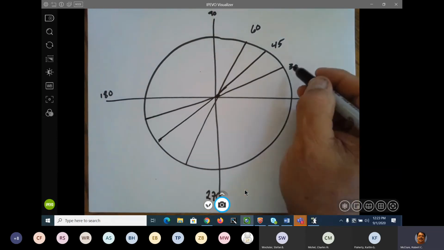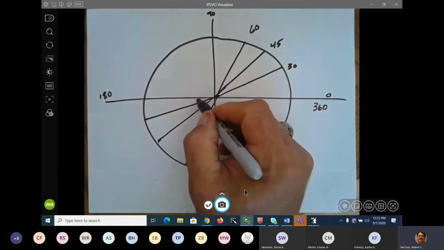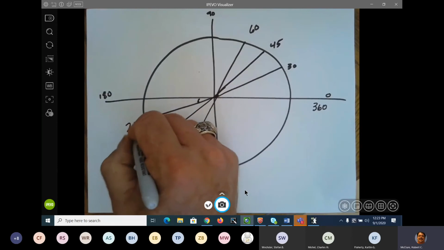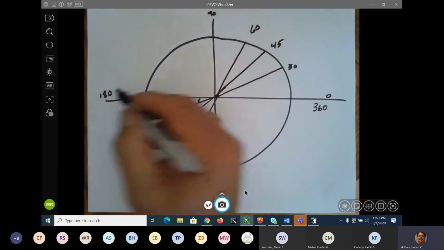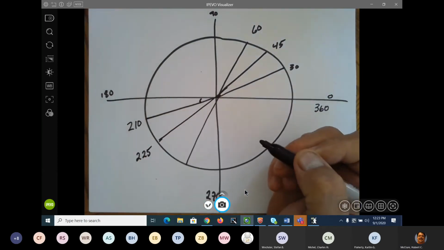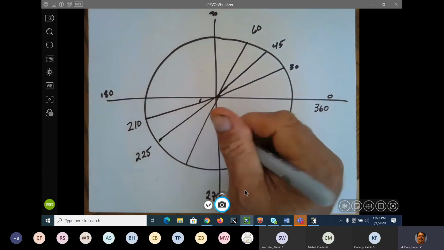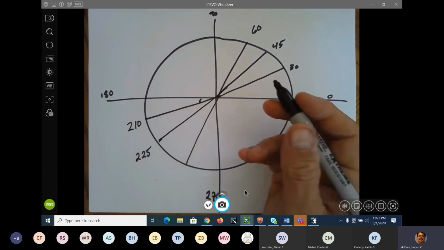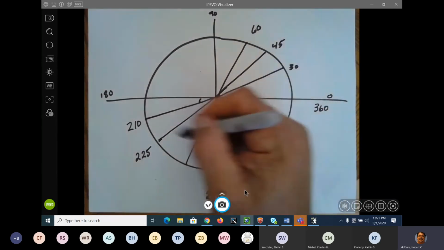This is 30. See this 30 degrees coming right there? That's 30 degrees right there. What's 30 degrees plus 180? 210. It's a miracle. Well, what's 45 degrees plus 180? What's 270 minus 30? Because if this is 60, what's 270 minus 30? Or you could say, what is 180 plus 60?